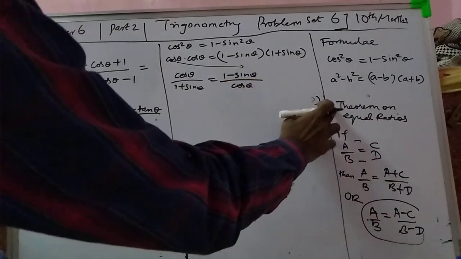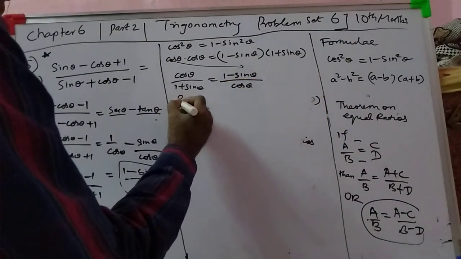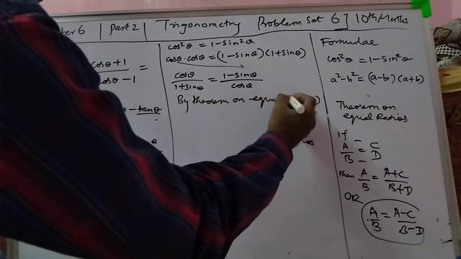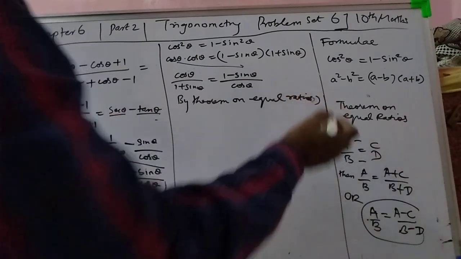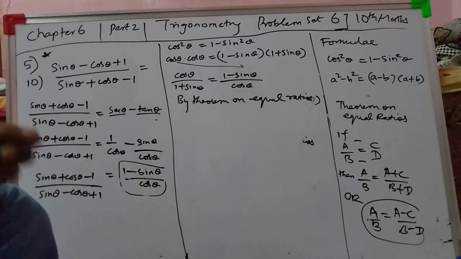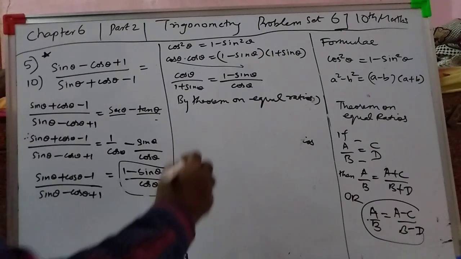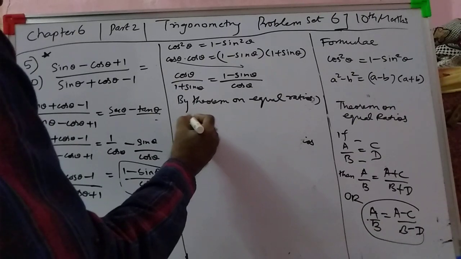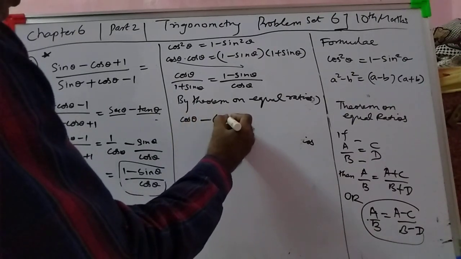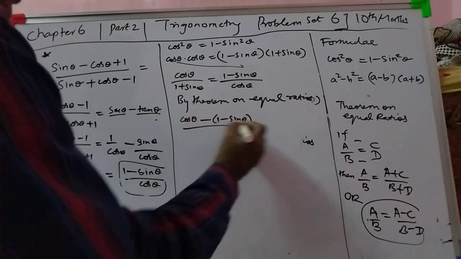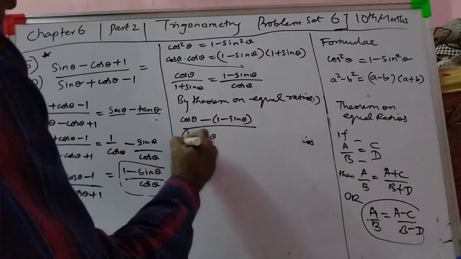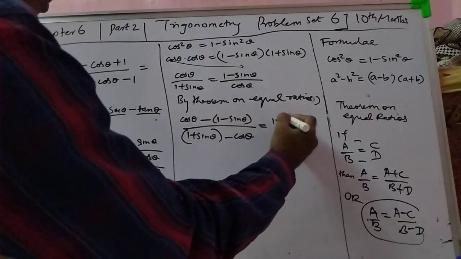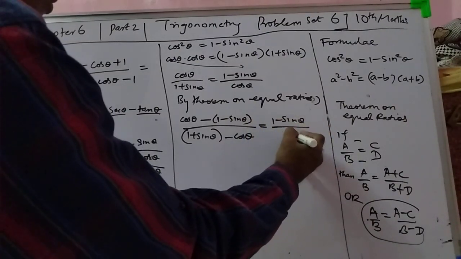Now apply the theorem on equal ratio. By theorem on equal ratio, you just subtracted. Cos theta minus (1 minus sin theta), upon 1 plus sin theta minus cos theta, is equal to 1 minus sin theta upon cos theta.